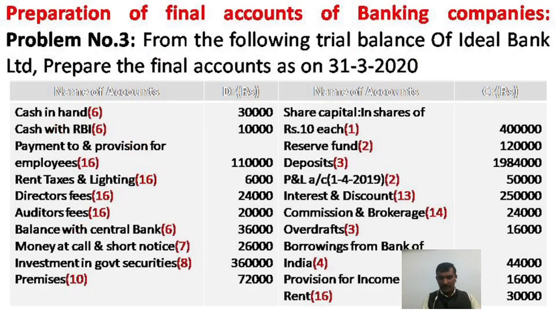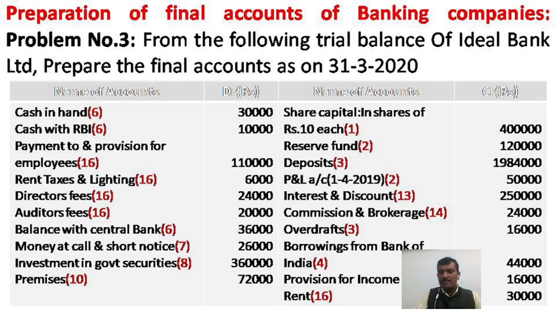Likewise we have the credit items. The share capital is an item of schedule number 1. Reserve fund is taken to reserves and surplus, that is schedule number 2. Deposits is an item of schedule number 3. Opening balance of profit and loss account is taken to schedule number 2. Interest and discount is interest earned, so taken to schedule number 13.